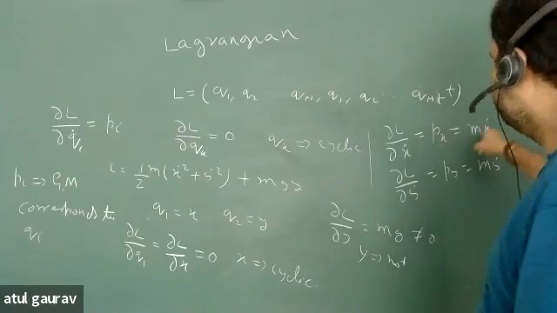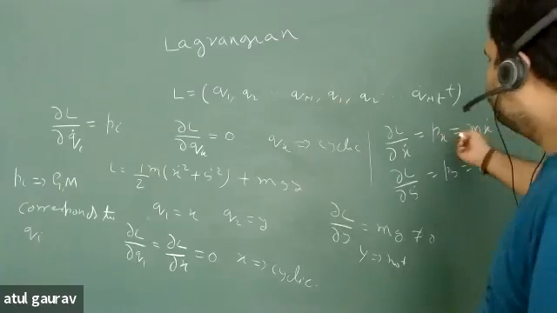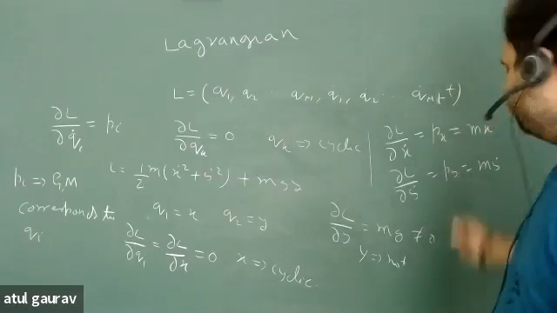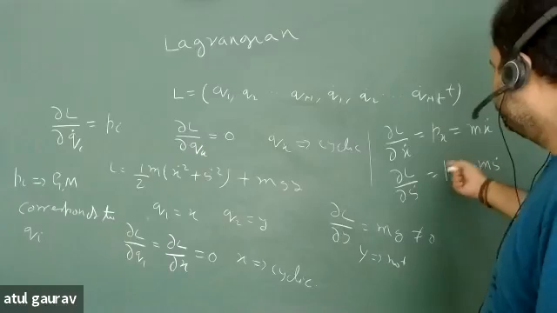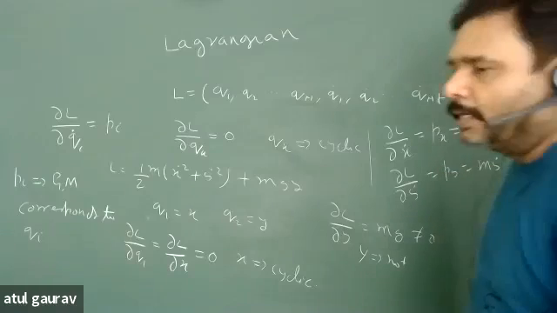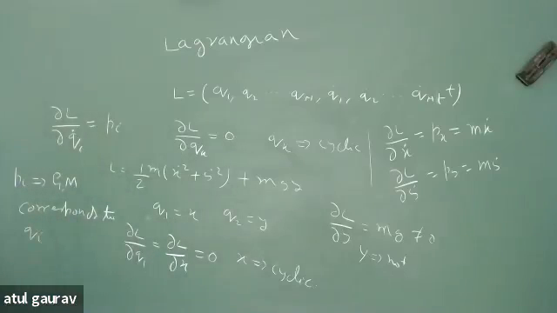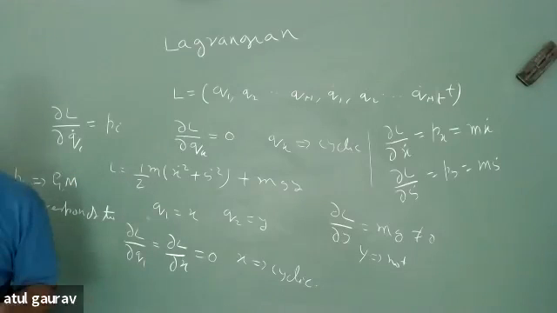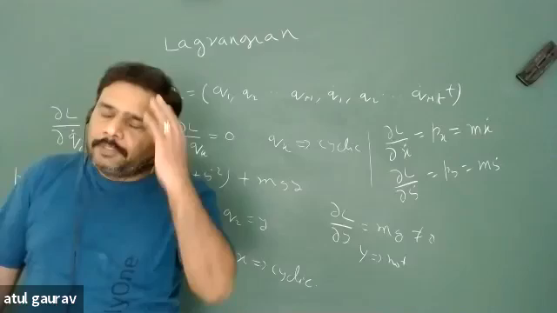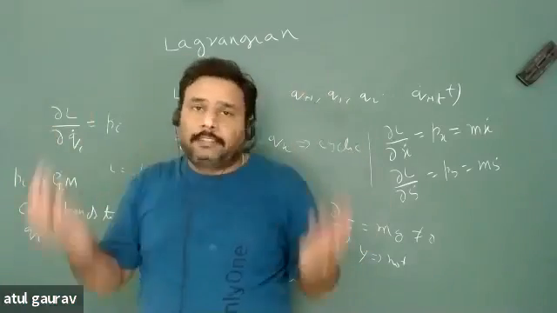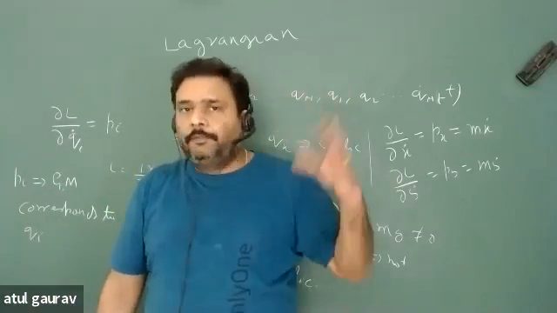So px is equal to m x dot is the generalized momentum corresponding to x, and py is the generalized momentum corresponding to y. Do you understand this thing? Okay, sir. So all these things are mathematical. You have to do each and everything mathematically. It is not that you have to visualize something. No, you have to go with the mathematical thing.